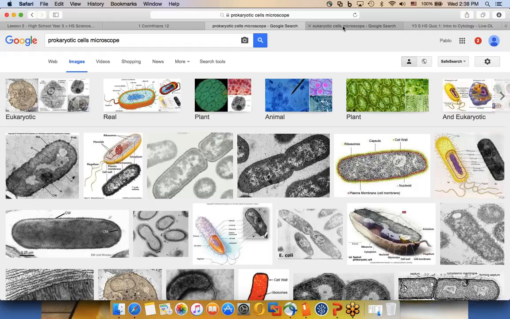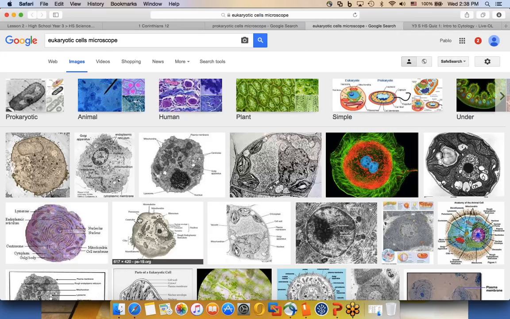You can also see eukaryotic cells. Just make it believable and look at facts on Google.